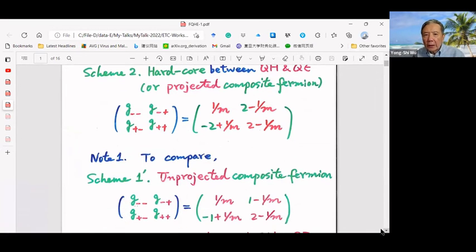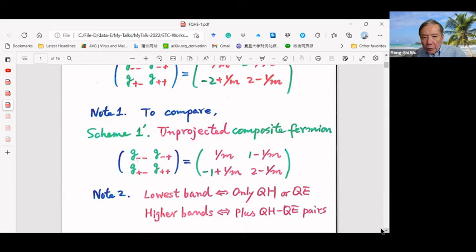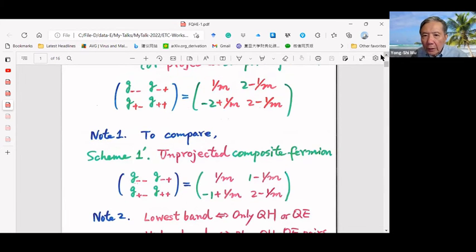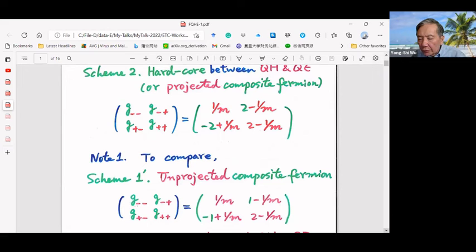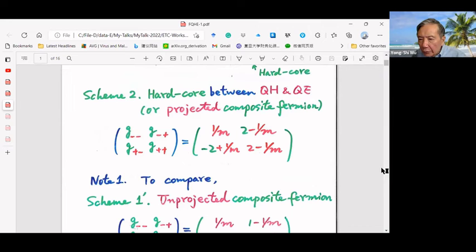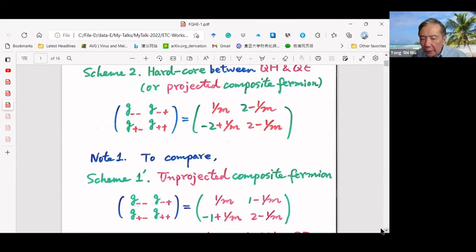In Jain's case, electrons are considered as composite fermions. And in Haldane's case, the electrons are considered as composite bosons, okay?